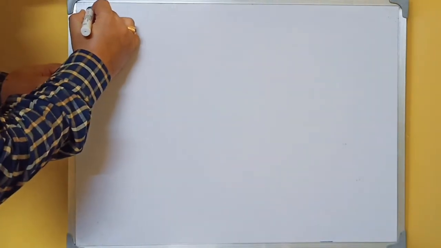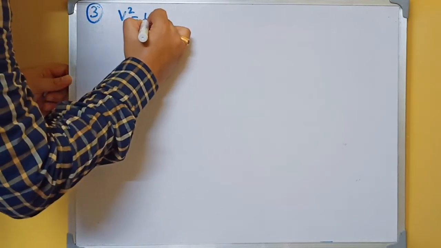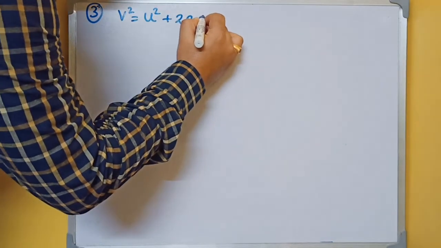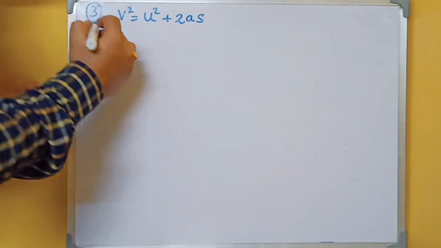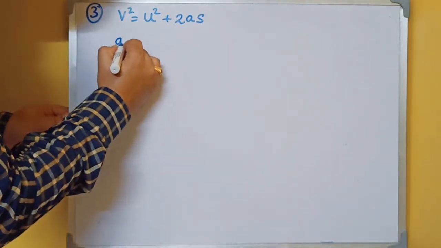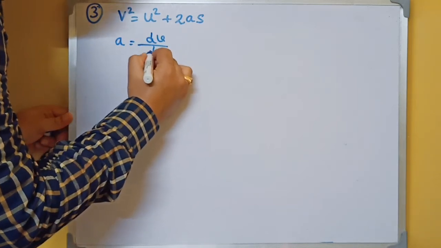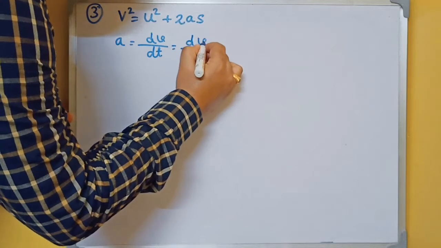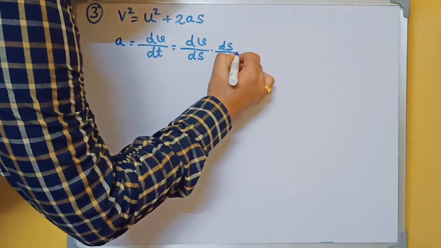Now the third equation, v square is equal to u square plus 2as. We prove it using calculus. We know the acceleration a is equal to dv by dt. Now you will see here dv by ds into ds by dt.